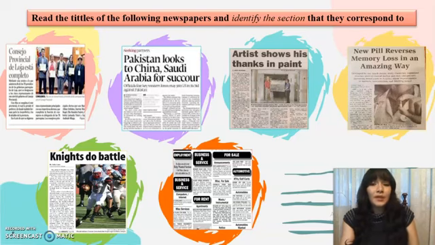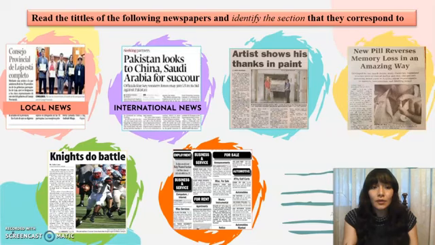So now let's practice this part. We have to read the titles of the following newspaper articles and identify the sections that they correspond to. Let's do this part together. Here we have one that is in Spanish. Consejo Provincial de Loja está completo. Which newspaper section does this one correspond to?